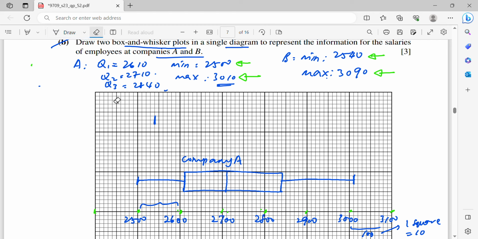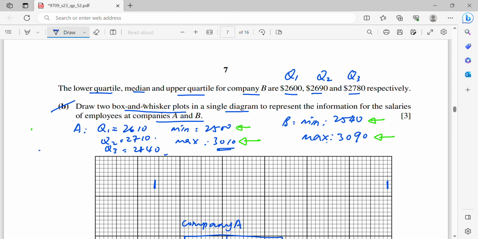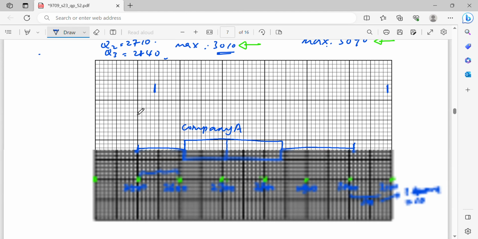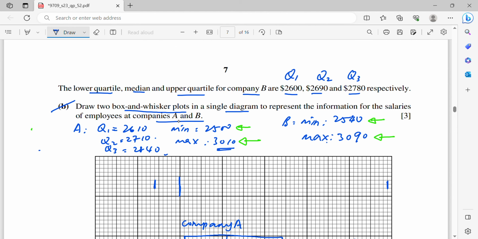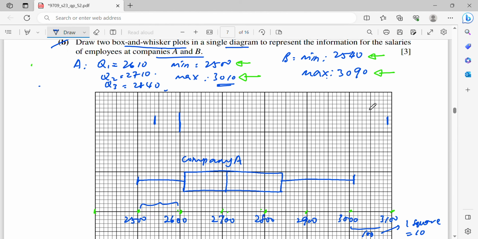Okay, so now look at the Q1. Q1 is 2,600. So 2,600 is over here. Then the Q2 is 2690, means 9 squares after the 2,600.